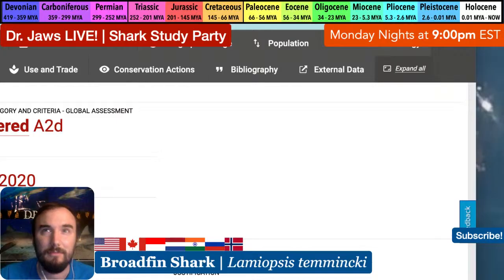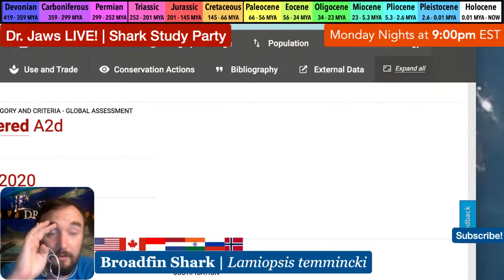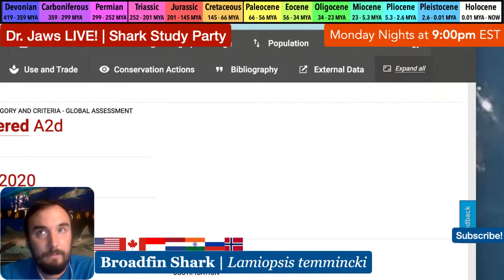The last assessment, in the early 2010s or 2009, was vulnerable, and it was updated in 2020 to critically endangered. A lot of sharks were updated that way, which is great as a call to action, bringing focus to the fact that these sharks are in serious trouble, but also really sad. Oceanic white-tip sharks, critically endangered.